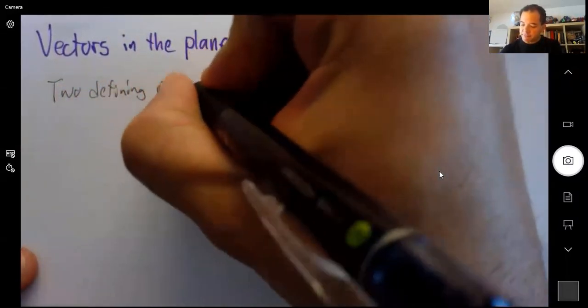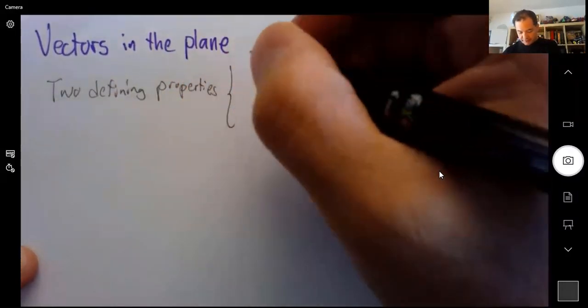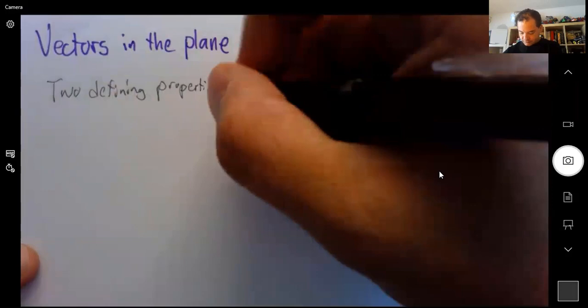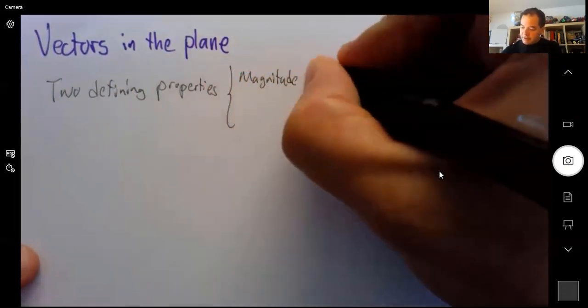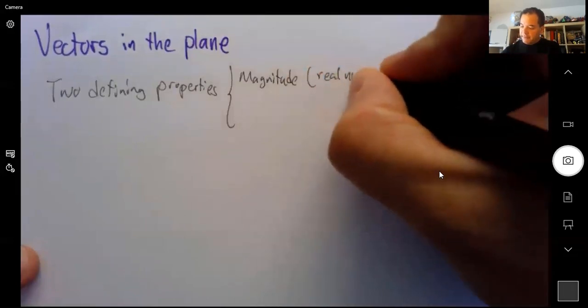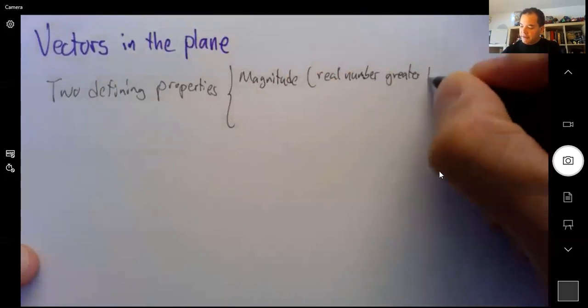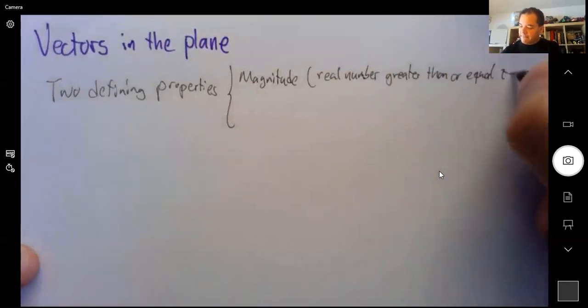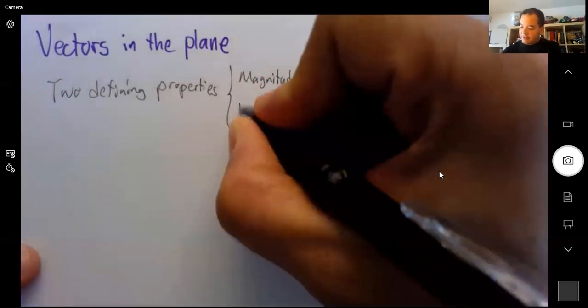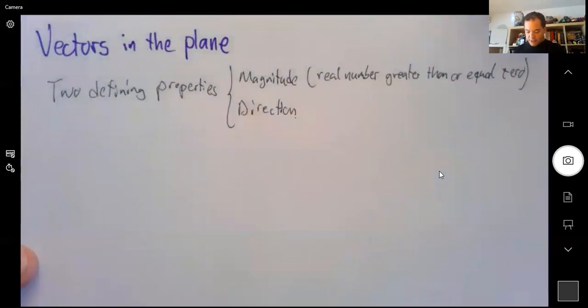One of them is a magnitude, and this is a real number greater than or equal to 0. And direction. Those are the two main properties of a vector.